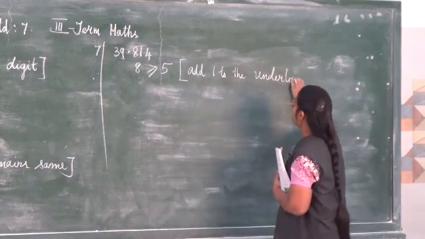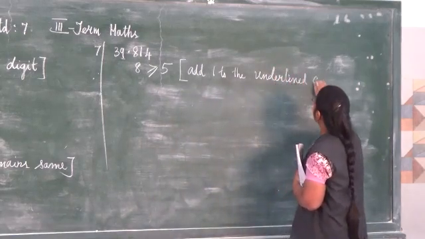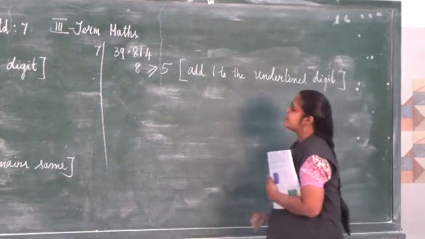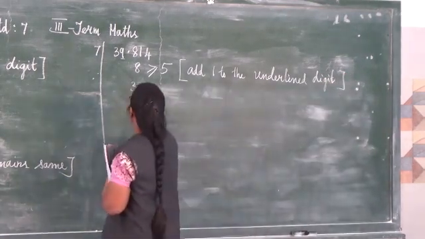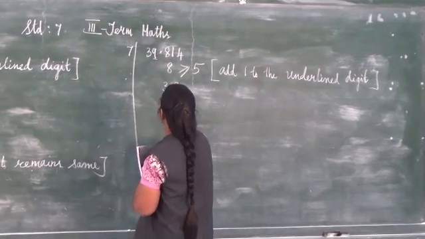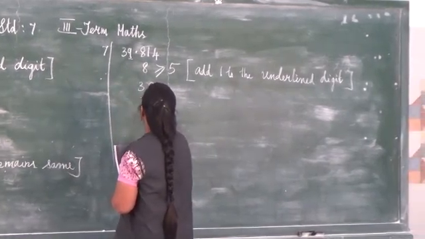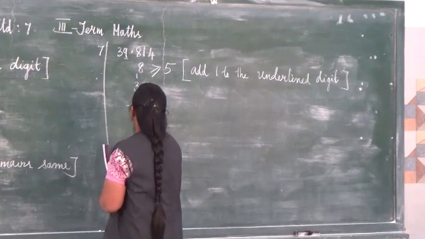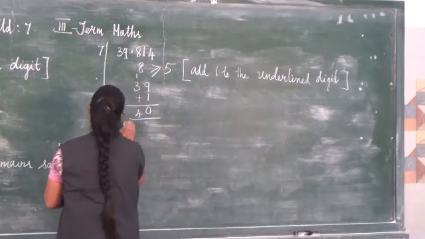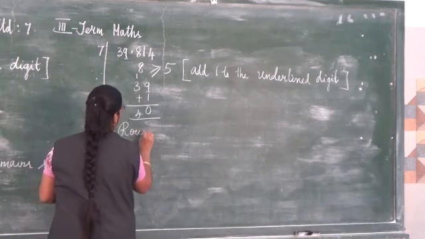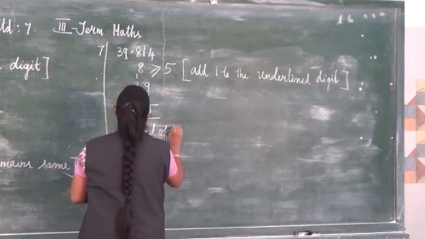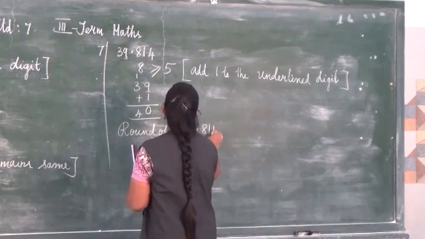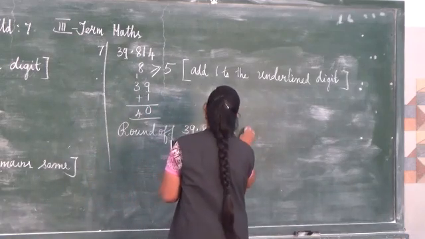The underlined digit is 9, plus 1 gives 40. So round off 39.814 is equal to 40.